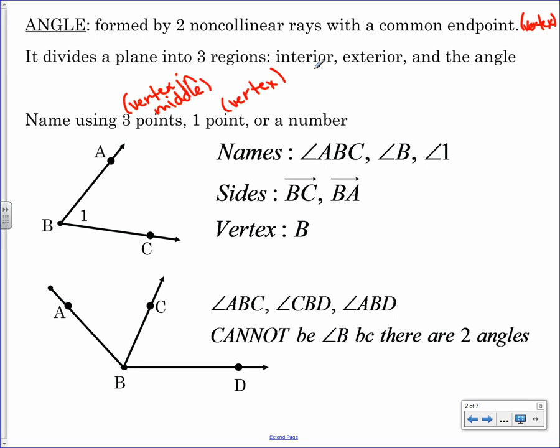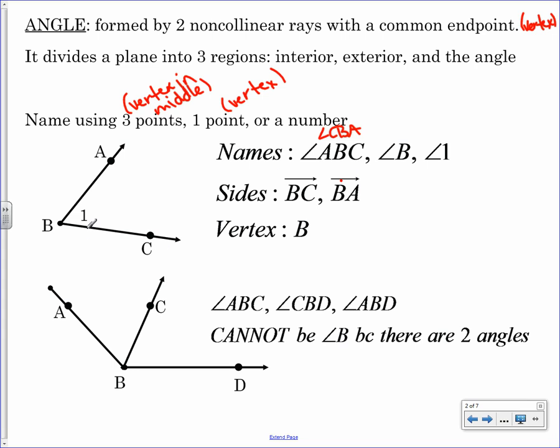Okay, so for this angle here, where's my vertex, A, B, or C? B, right? So if I'm going to name it with the 3 points, I can call it angle ABC or angle CBA, either way. So let's add that in there. Okay, as long as B is in the middle, it's fine. I cannot call that angle ACB.